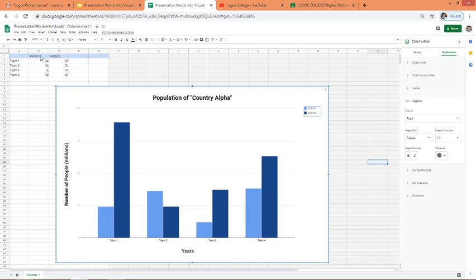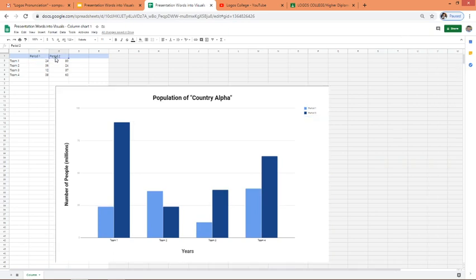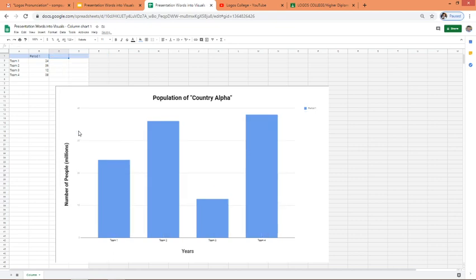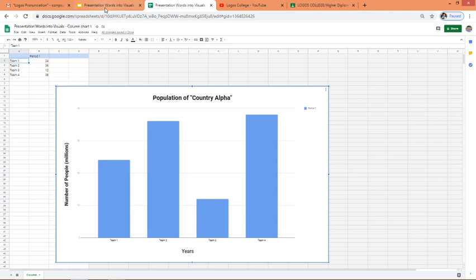If you come up here, you see period 2. Let's delete that whole column. All right, there we go. So now we're down to just one piece of information for your x-axis, and that's going to be years. If you come over here, you see team 1, 2, 3, 4. All right, so let's put in the years of the information that we were given.